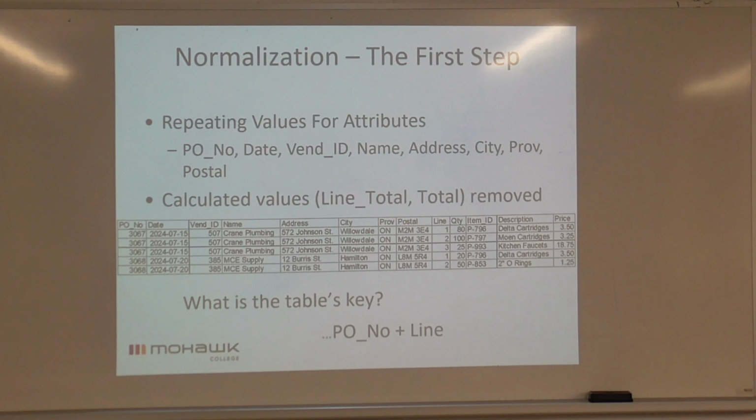So here again is that test. If we hold line number constant, do we have varying quantities? Yes, we certainly do. If you'll notice, where line number is 1, we have both 20 and 80. So we are not completely dependent on the line number. We're dependent on something else too, right?